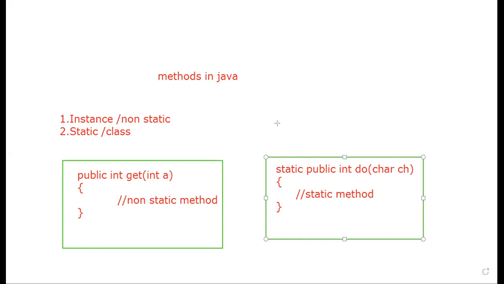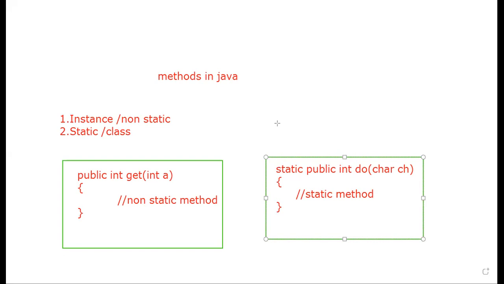Okay, see guys, what is a class? Class is a blueprint by which we can create multiple objects. Class has a state and behavior. State is shown in the form of variables, instance variables and static. And how does a class expose its behavior, guys?